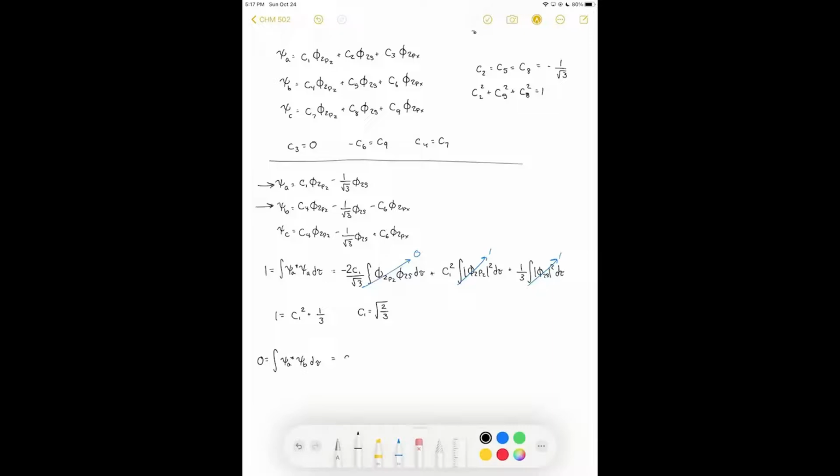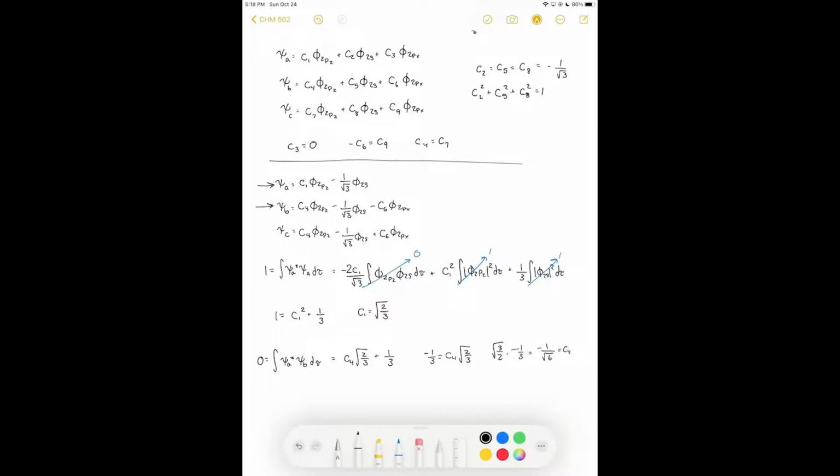So this gives us c4 times the square root of 2/3, plus 1/3, and that's all that we're going to have there, because the other one has no 2px component. So here we get that negative 1/3 is equal to c4 times the square root of 2/3. We want to multiply that by the square root of 3/2 on each side. And so the square root of 3/2 times negative 1/3 is equal to negative 1 over the square root of 6, and that is equal to c4.